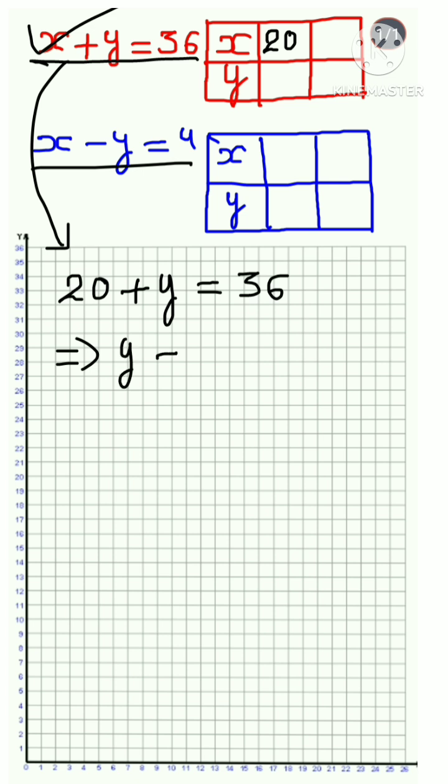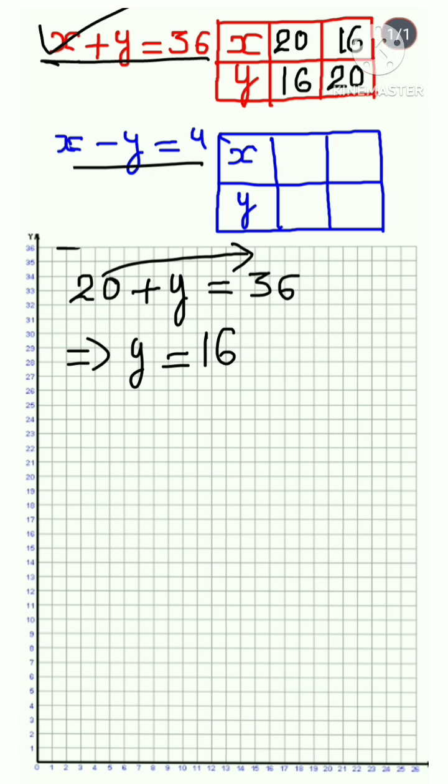Now y equal to, this plus 20 goes to RHS and becomes minus 20, and after subtracting from 36 we will get the value of y is 16. Similarly, if we assume the value of y is 20, then the value of x will be 16.